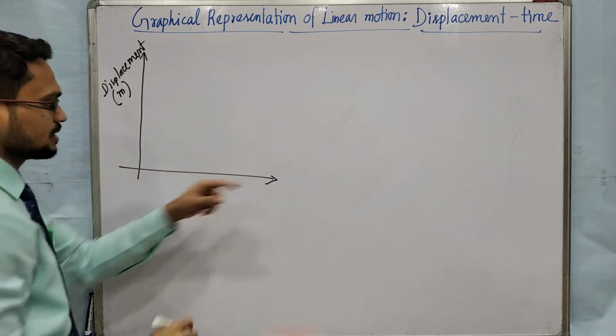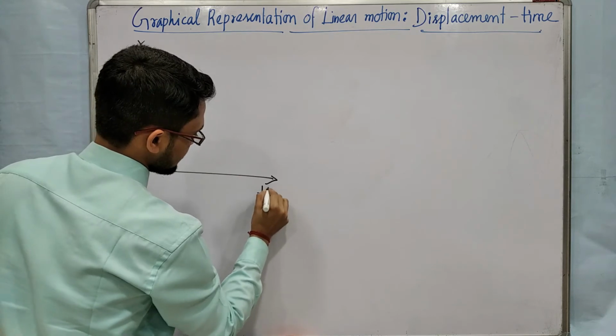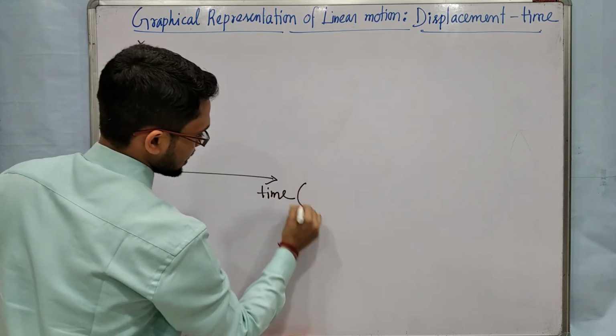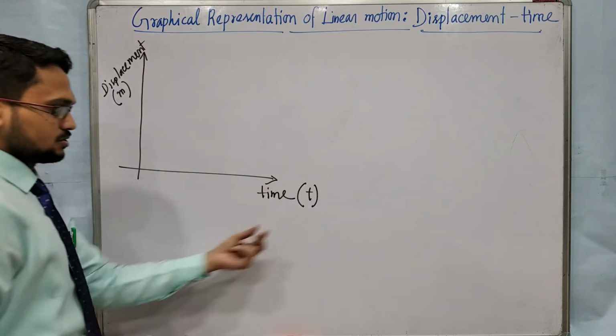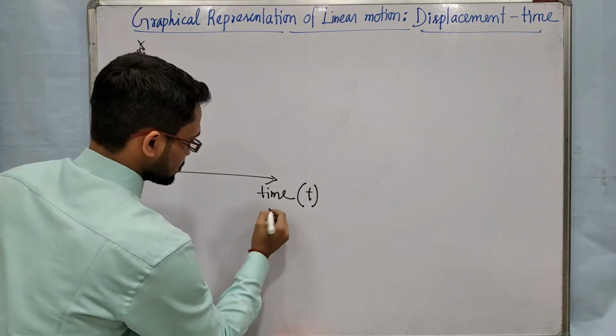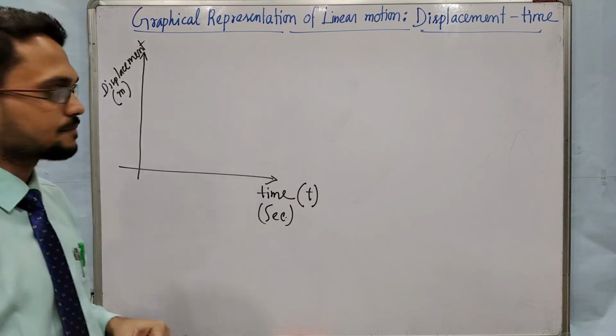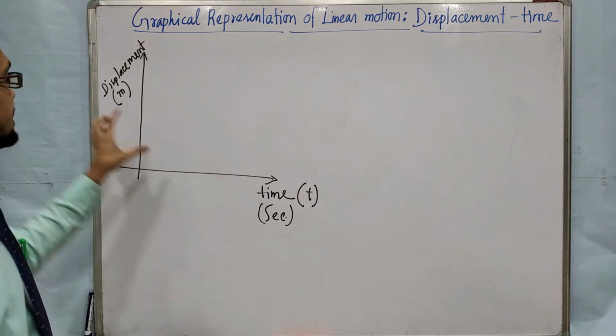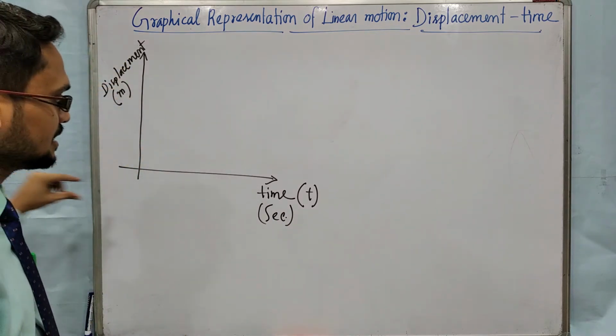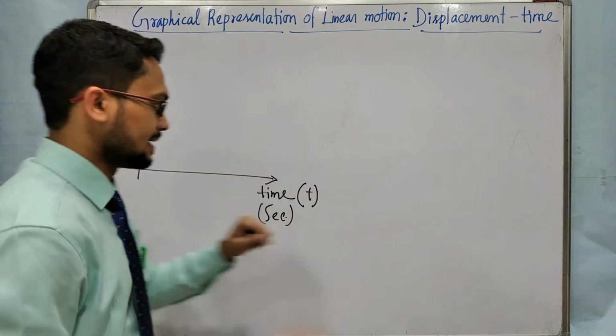Along x-axis we will put the second physical quantity, that is time. You can put the short form of time and also write its unit, that is second. Displacement will be along y-axis and time will be along x-axis.